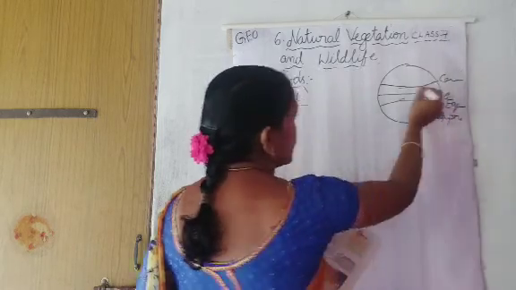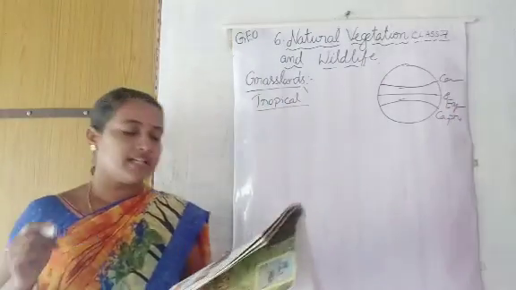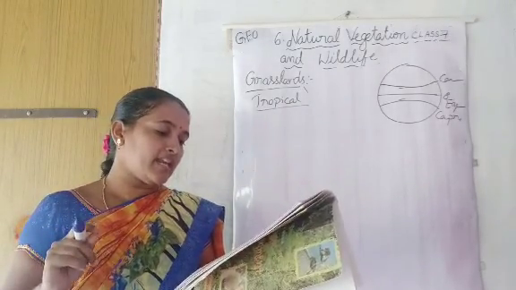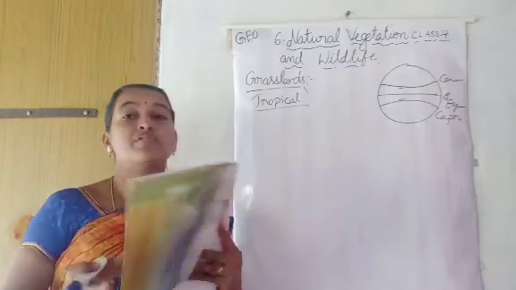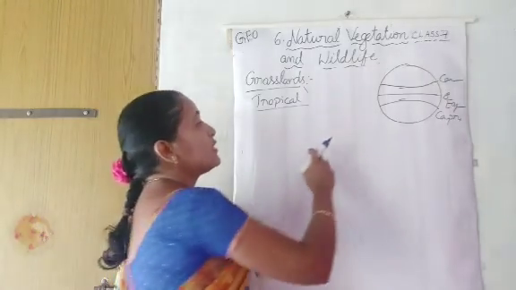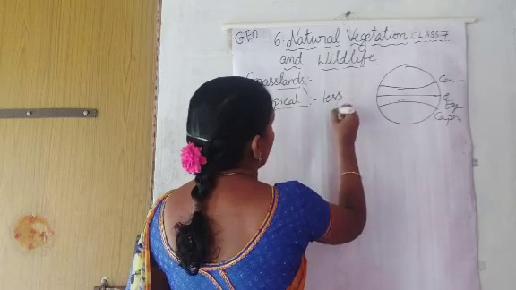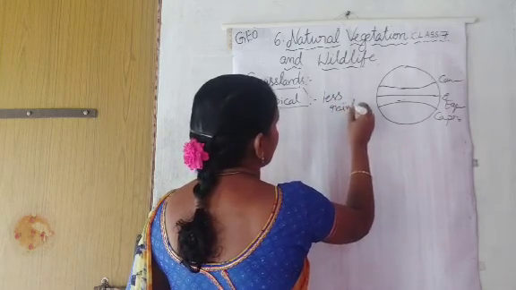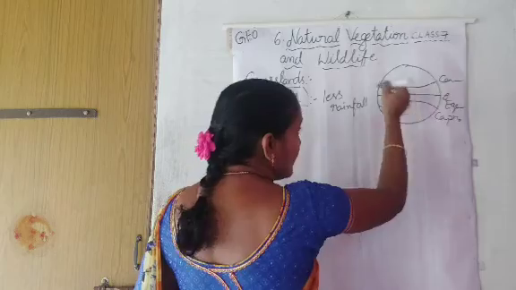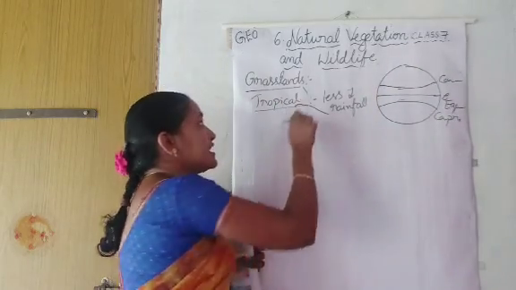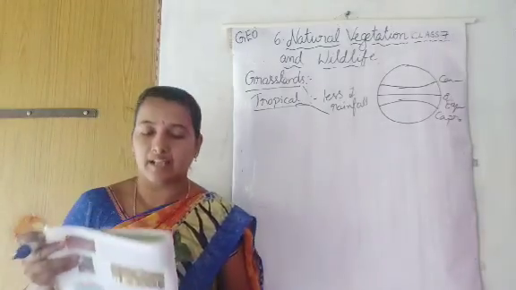So in this place we can find these tropical grasslands. This vegetation grows in the areas of moderate to low amount of rainfall, that means less rainfall. In areas where there is less rainfall we can find these tropical grasslands.